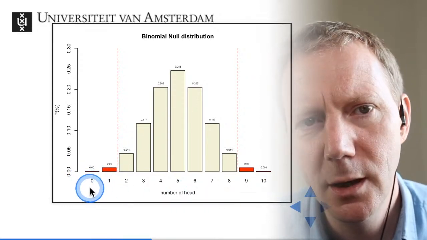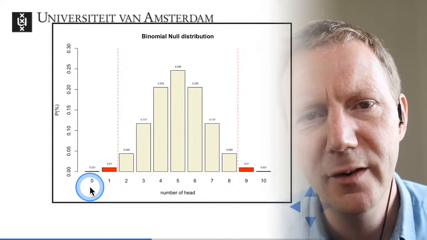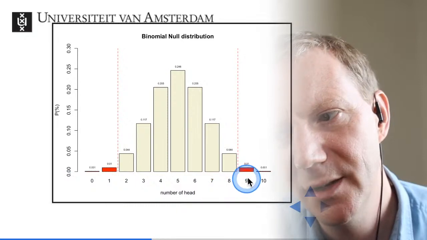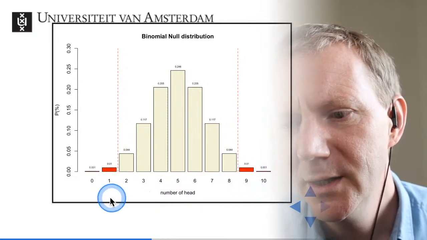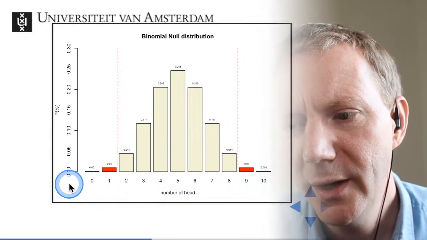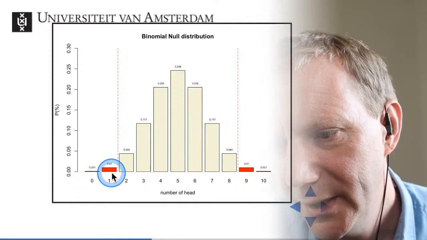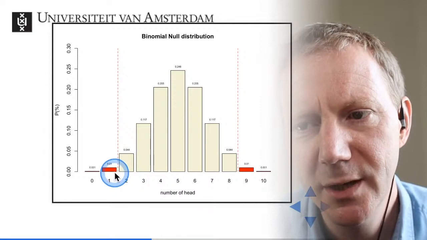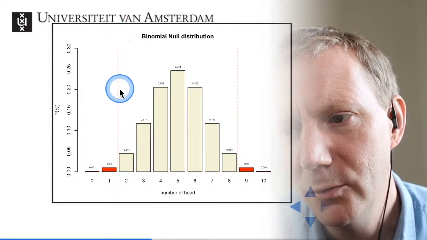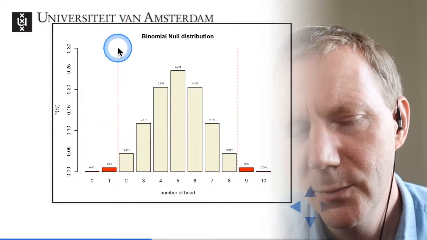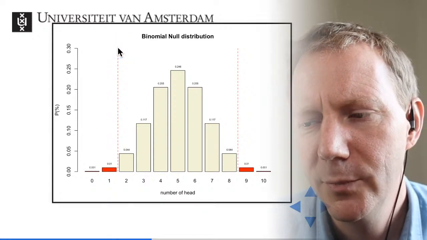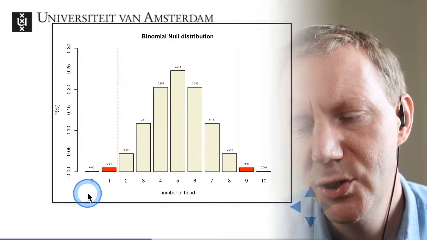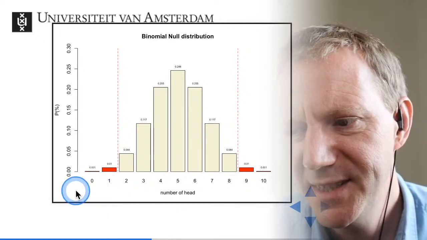Because we're testing two-sided, our 5% has to be 2.5% on one side and 2.5% on the other side. So we go from outside to inside, and when we get on the left side to 2.5%, we set our boundary. The red dotted vertical line is the boundary that we use if we would choose 5%. Is that the case here?